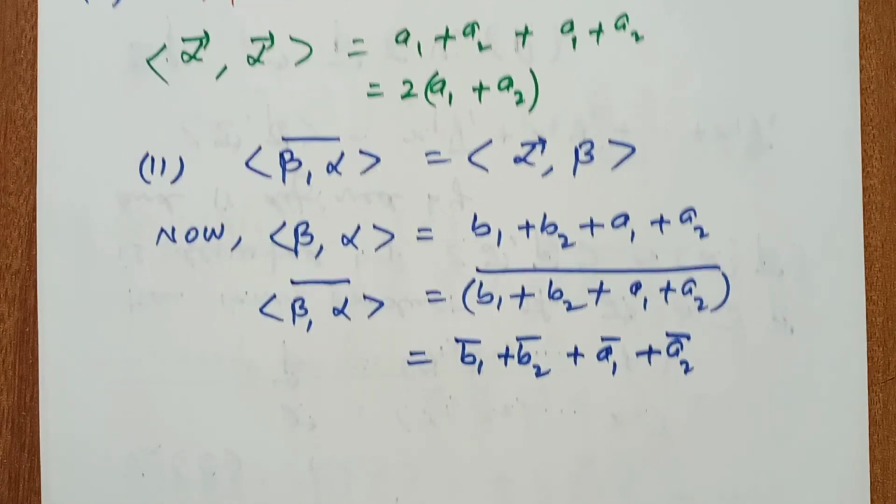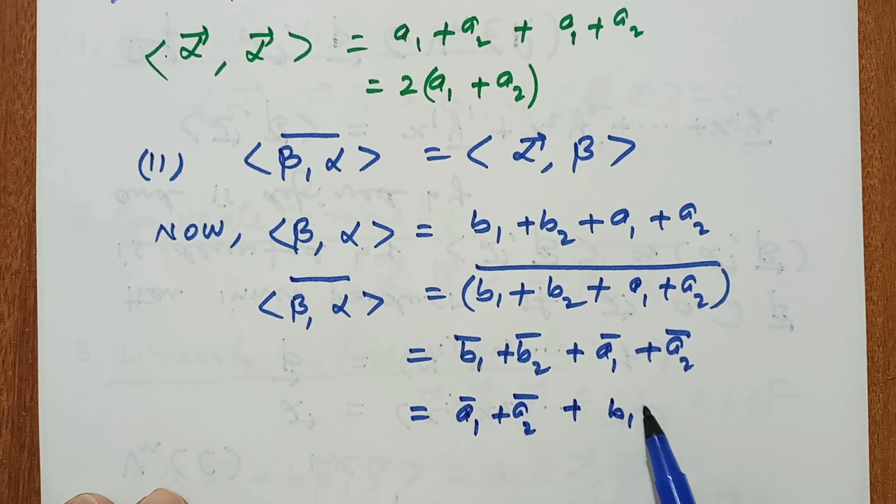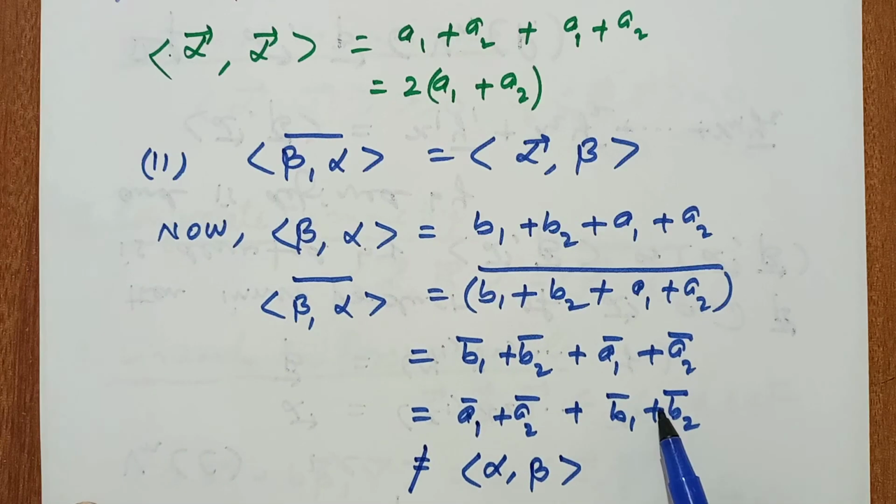Also addition is commutative, so we can write a1 bar plus a2 bar plus b1 bar plus b2 bar. But this is not equal to alpha beta, because alpha beta is a1 plus a2 plus b1 plus b2. This property is not satisfied.